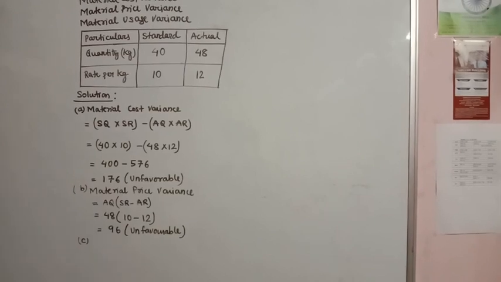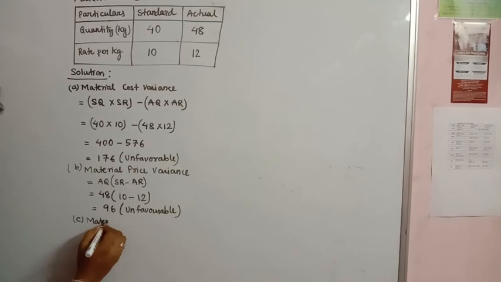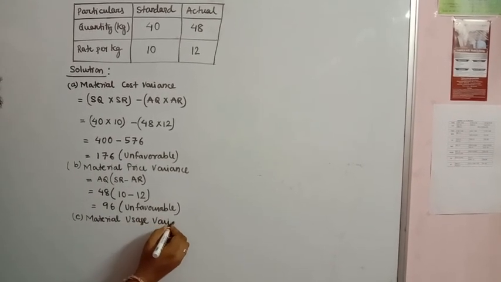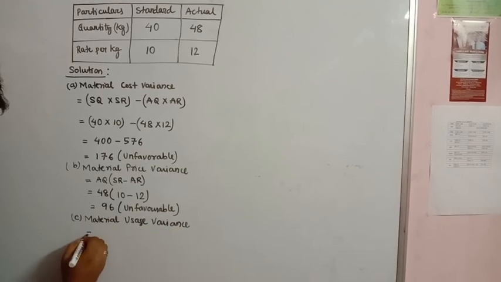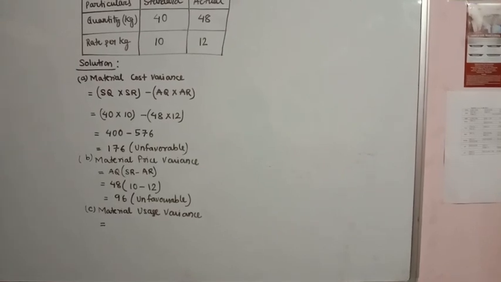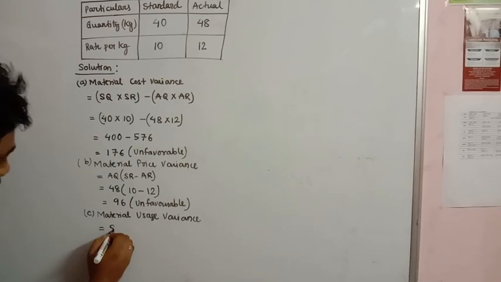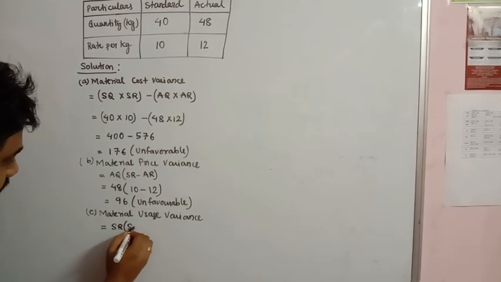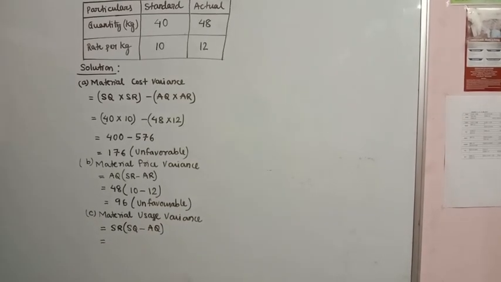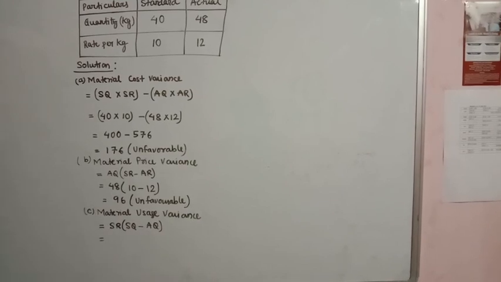And then the third one is material usage variance. Again, material usage variance has a specific formula. It is standard rate into standard quantity minus actual quantity. All the information is here.